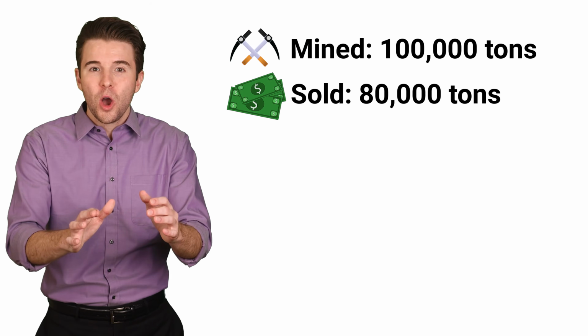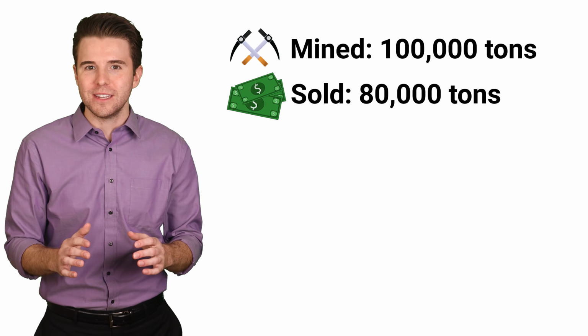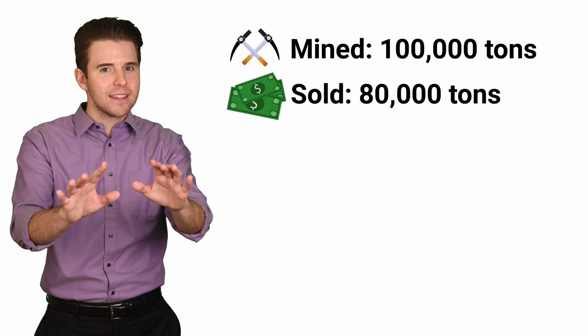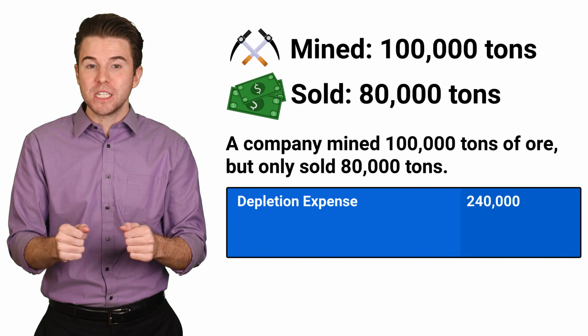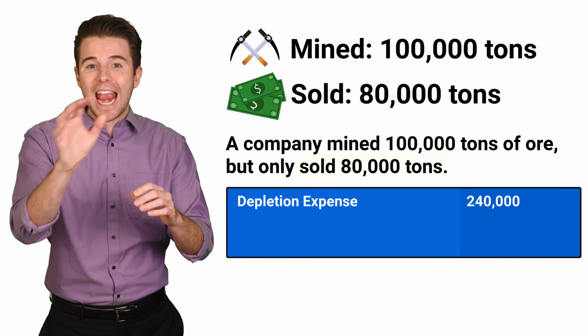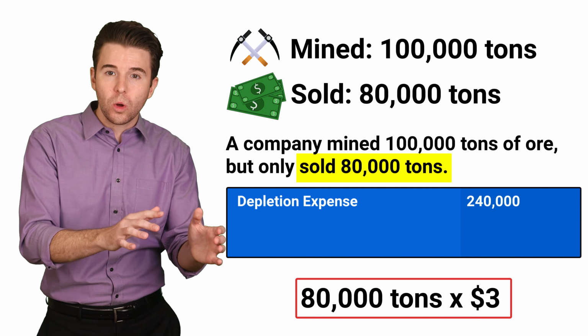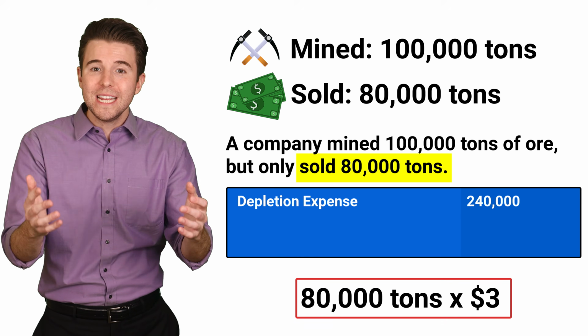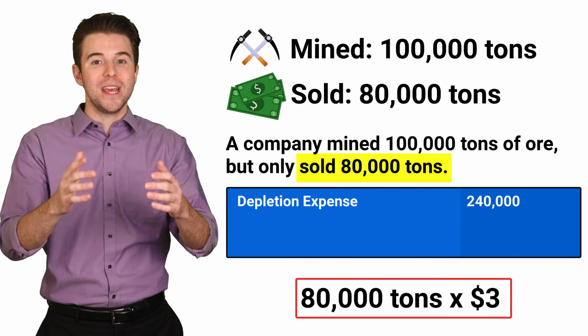Changing our example slightly, what happens if of the 100,000 tons mined the first year, we only sell 80,000 tons? In this case, we would debit depletion expense for $240,000, which is computed as the 80,000 tons sold multiplied by the $3 of depletion per unit.